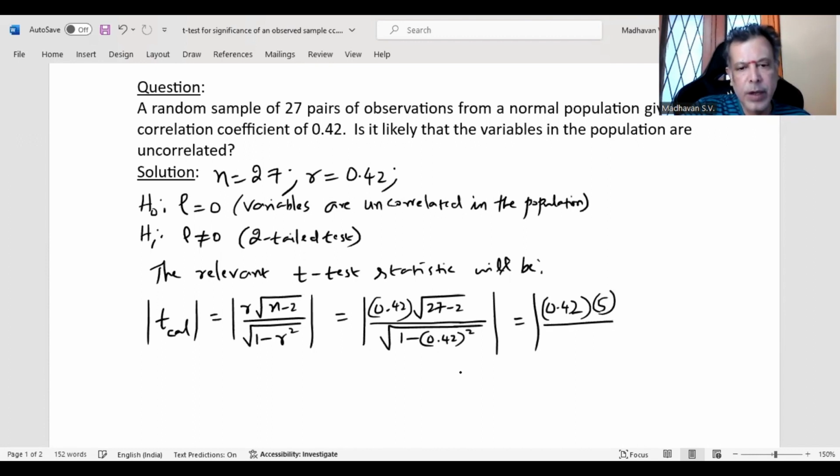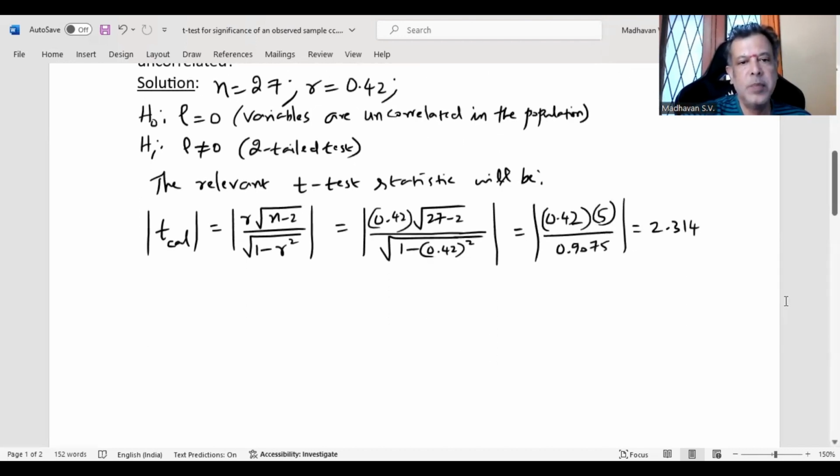In the denominator, after squaring 0.42, subtracting it from 1 and taking the square root, we get 0.9075. If we evaluate this, we get 2.314.